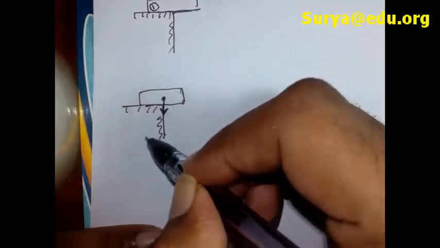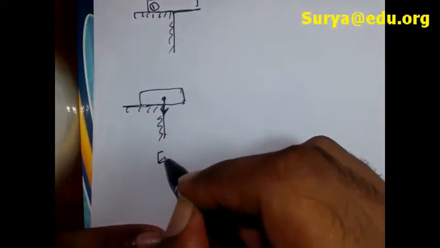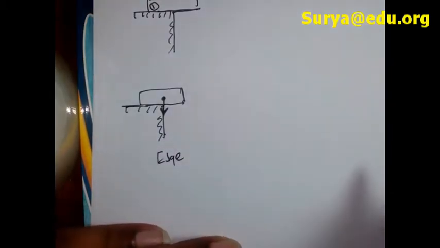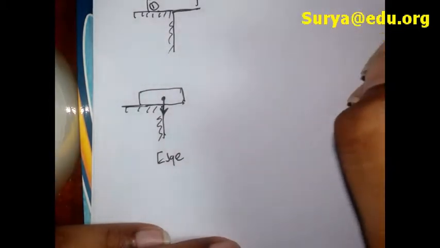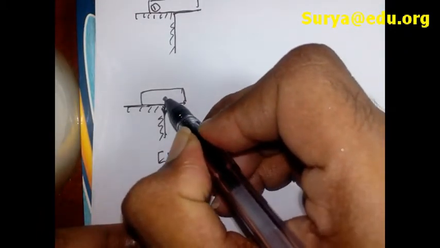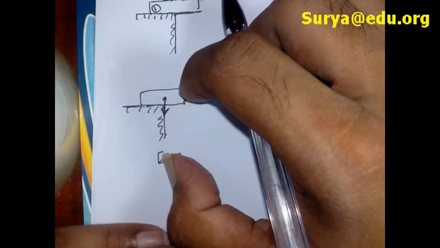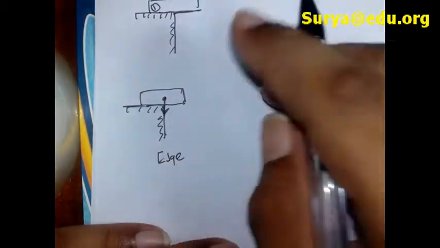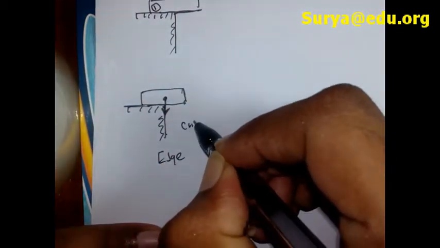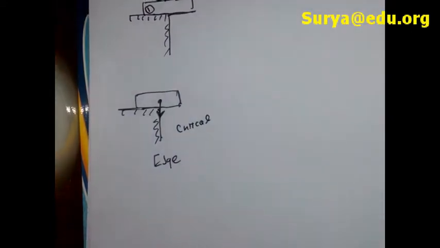This is the edge of the table. At least in order to satisfy the minimum condition, this center of gravity should pass through the edge. Even though this case you can't really define as a balance position, sometimes in this case also it will fall down. So this is the most critical case.